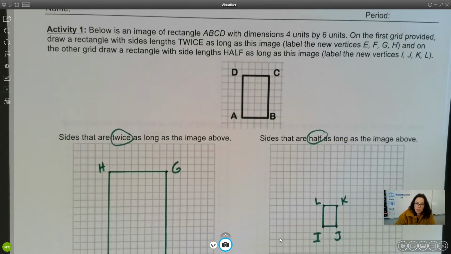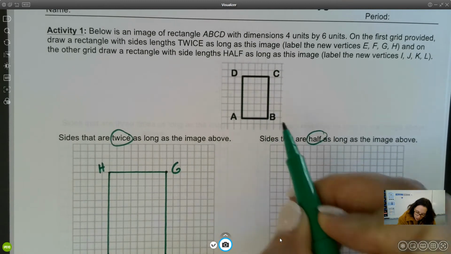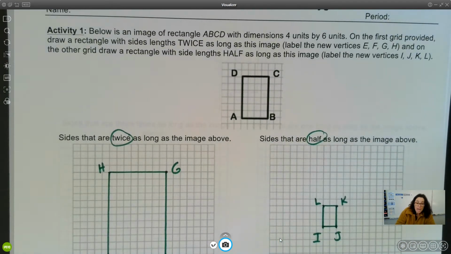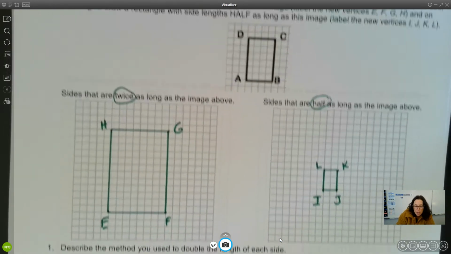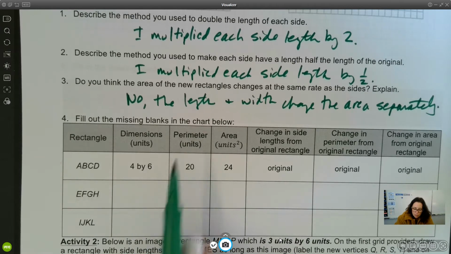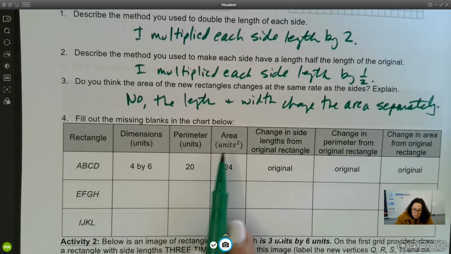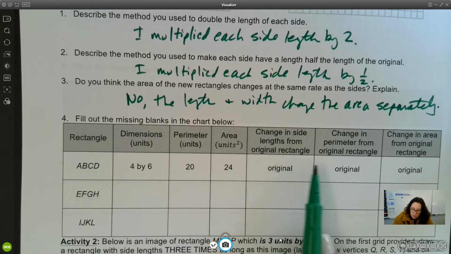Okay, so if you count around this thing, you're going to count 20. Remember, area of a rectangle is length times width or base times height, however you want to call that. So we get 20 for the perimeter, that's in some sort of units, and then the area is 24 units squared. Okay, now there is no change because it's the original rectangle.